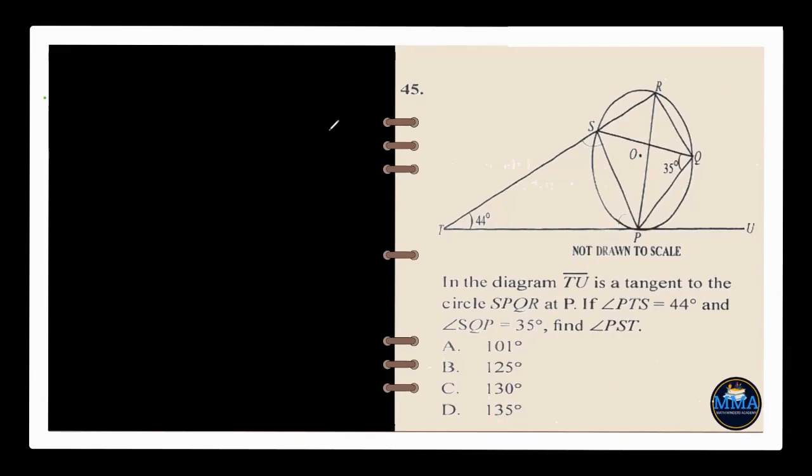Question number 45. In the diagram, TU is a tangent to circle XPQR. So this is T down to U, a tangent touching the circle at a point P. If angle PTX is 44, that's this angle here, and angle SQP is 35.